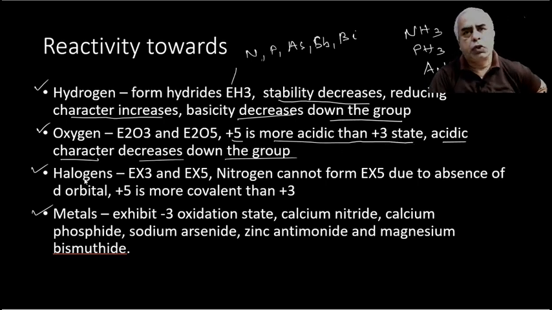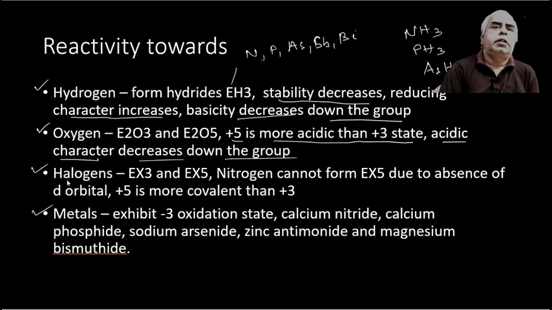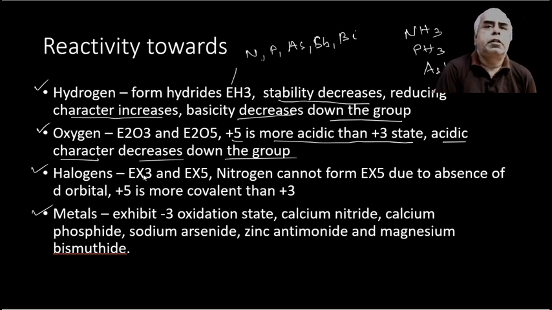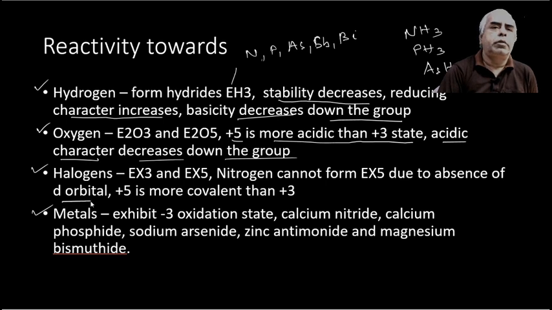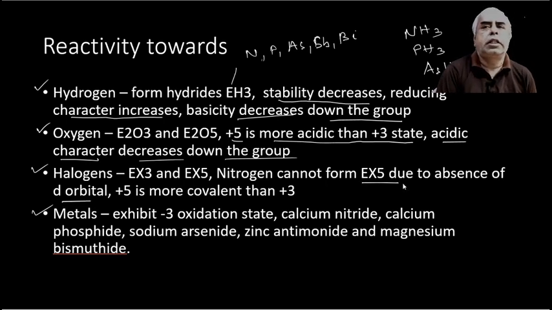Then halogens. Nitrogen can form trihalides and pentahalides. But the problem here with the pentahalide is that there is no d orbital, so nitrogen cannot form NCl5. It can form NCl3, but the pentahalide is ruled out.